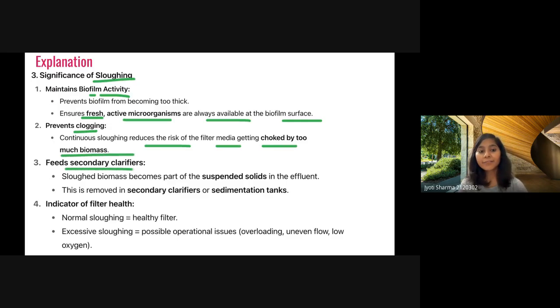It feeds the secondary clarifier: sloughed biomass becomes part of the suspended solids in the effluent, and this is removed in the secondary clarifier. And it is an indicator of filter health. Whenever we have normal sloughing, the filter is in healthy condition, but whenever we have excess sloughing, it means there is some problem or issue in the operation.